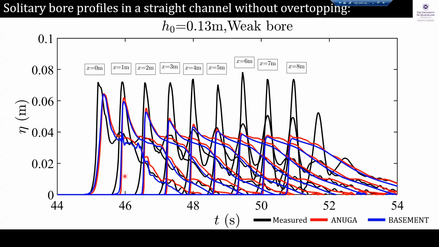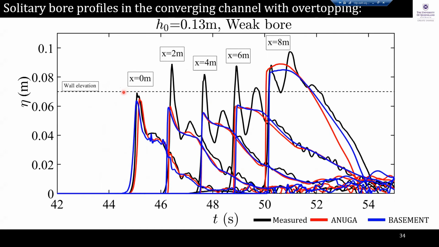And in the first case, without any overtopping in a straight channel, we see that in the experiments, the bore height remains more or less constant. Of course, there is some dispersion happening behind the wave. Whereas in the numerical model, we see the wave heights decrease quite rapidly, similar to solitary waves. So this is because of the numerical diffusion.